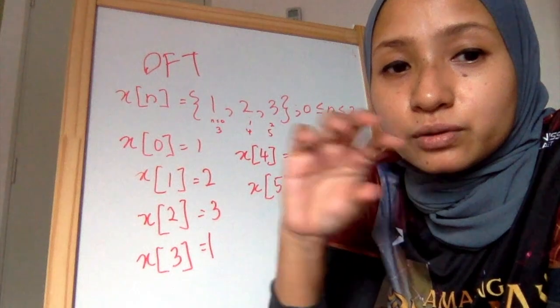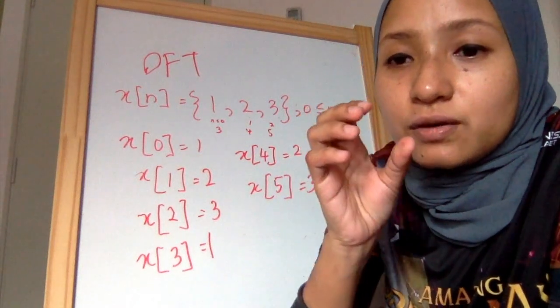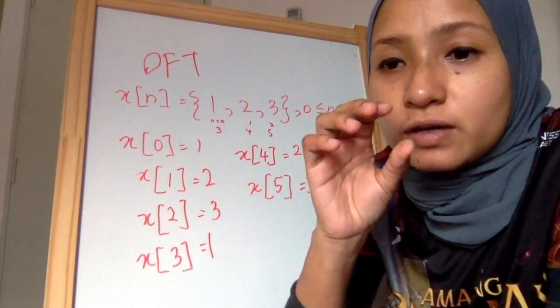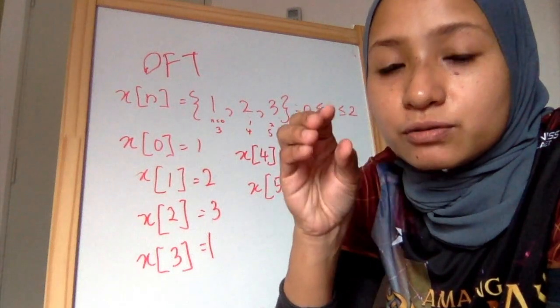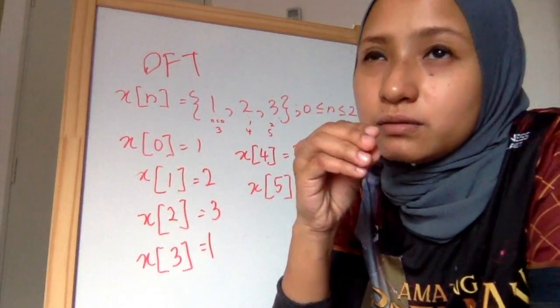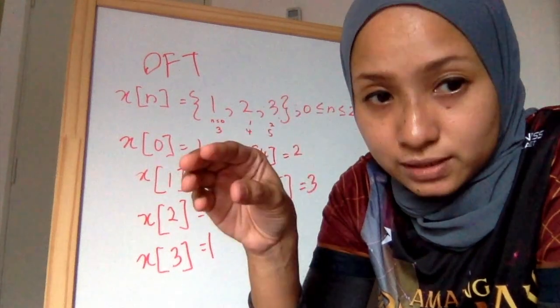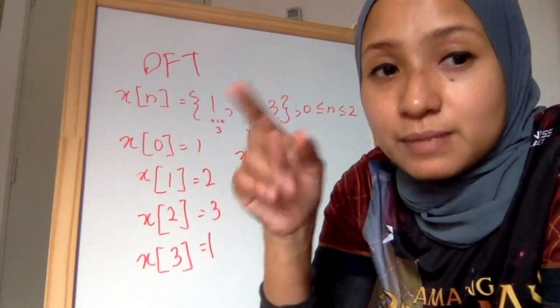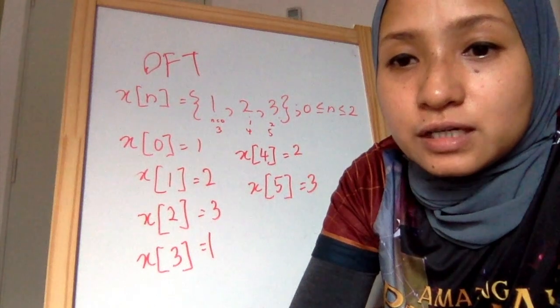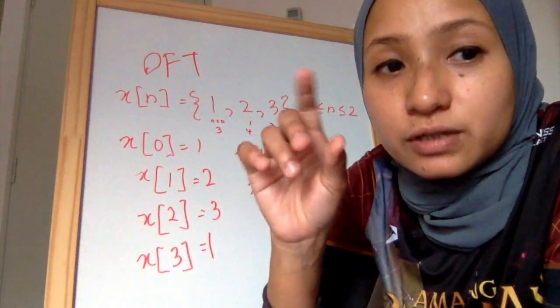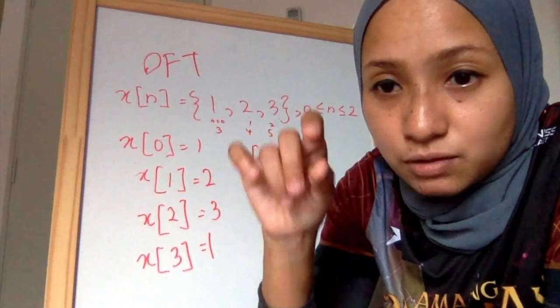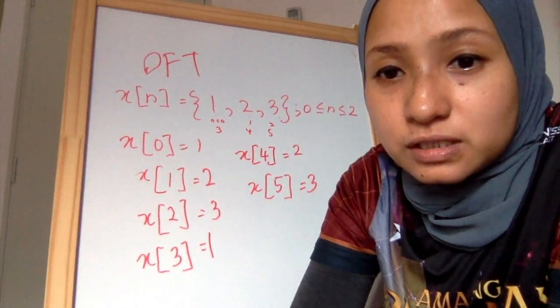For you to create that, you have to define a complex sequence, meaning your first sequence will be your real sequence and your second sequence will be your imaginary sequence.